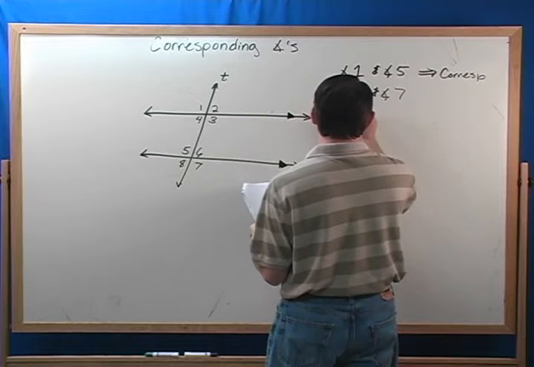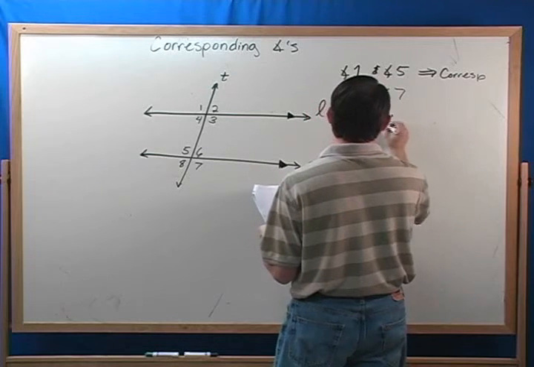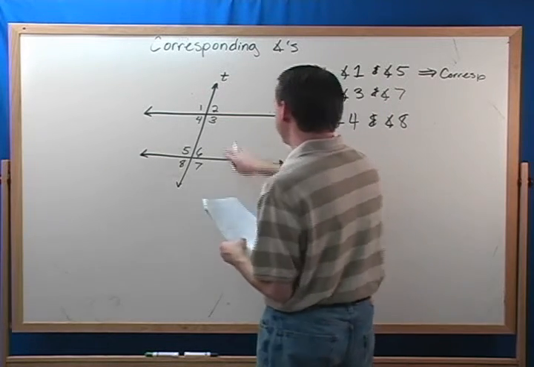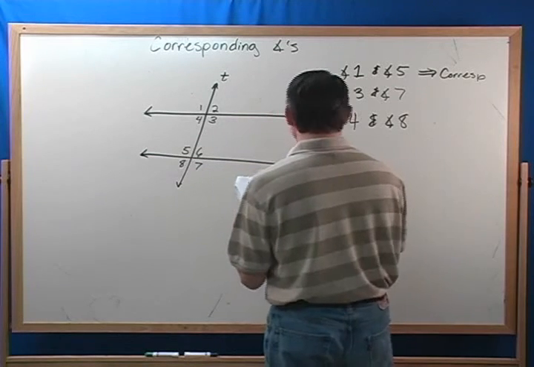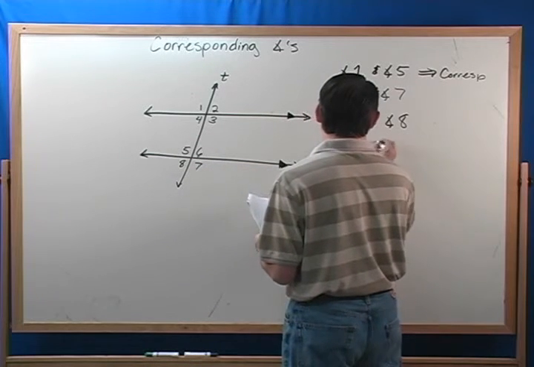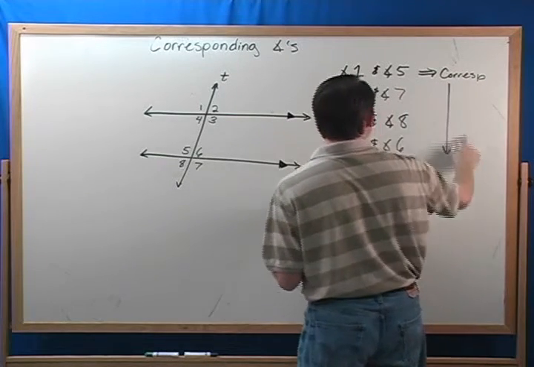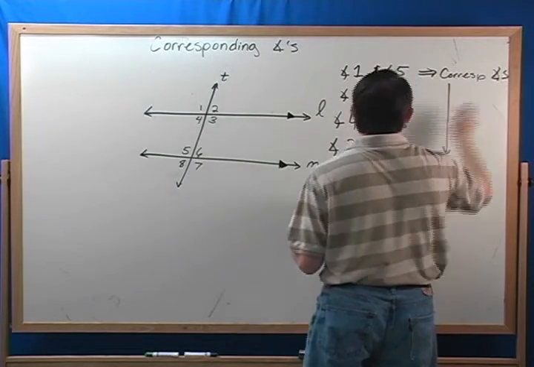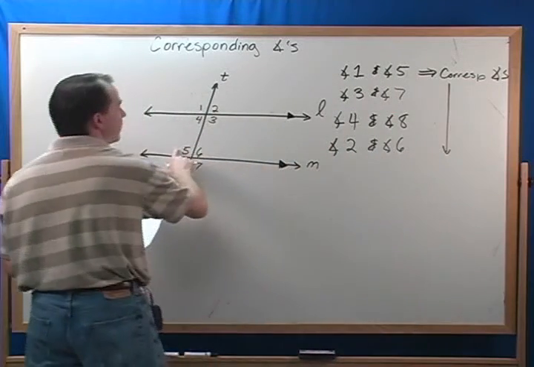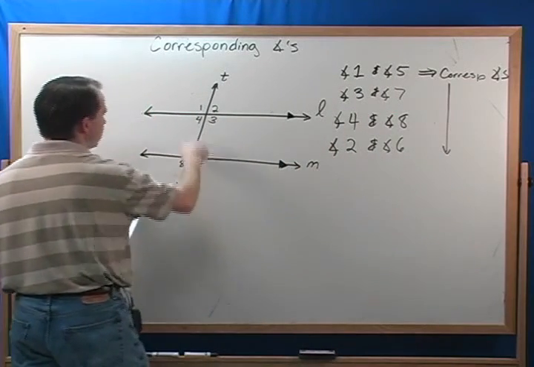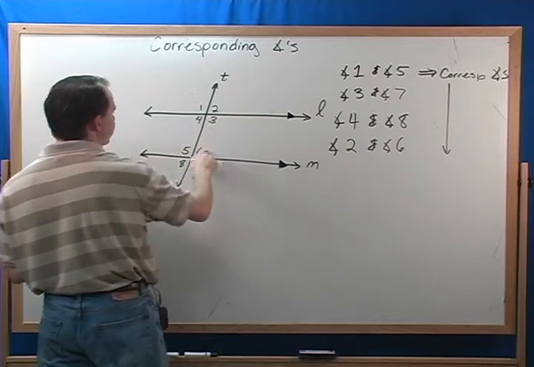Angle 4 and 8. Okay? Angle 4 and 8. And angle 2 and 6. And in all these cases, they're all corresponding angles. Okay? So 1 and 5, 3 and 7, 4 and 8, and 2 and 6. And that's all it means.